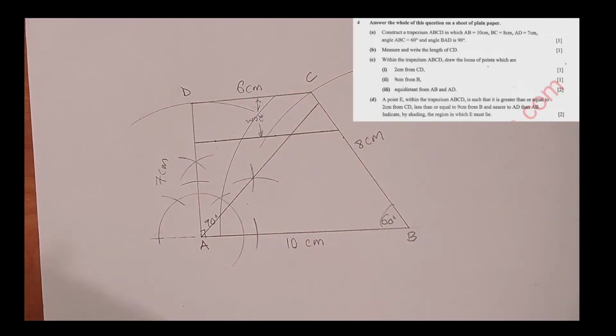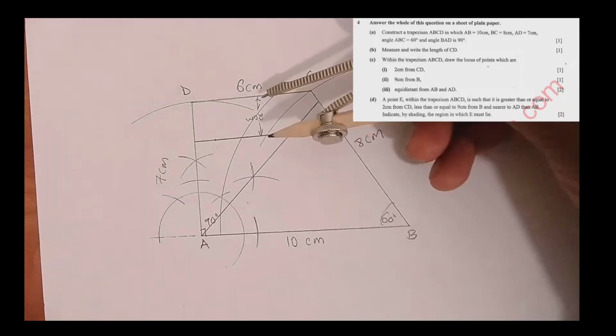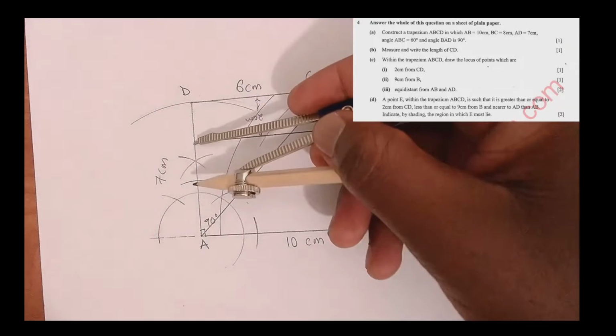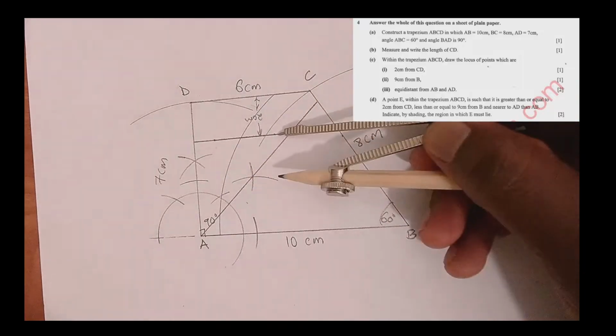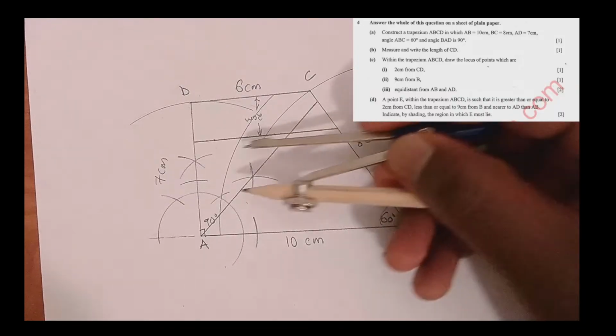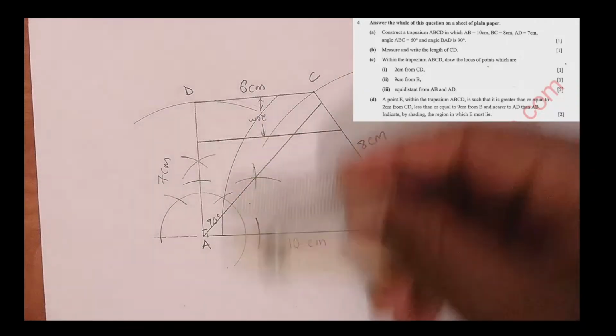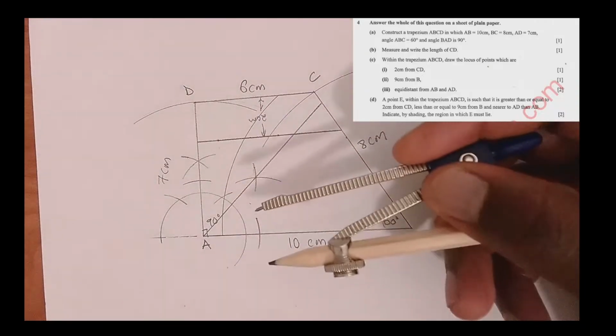Now, we want a point E within the trapezium ABCD such that it is greater than or equal to 2 centimeters from CD. So remember, CD is right here and 2 centimeters ends right here. But these are greater or equal to, meaning that the point E is beyond this line, this way.